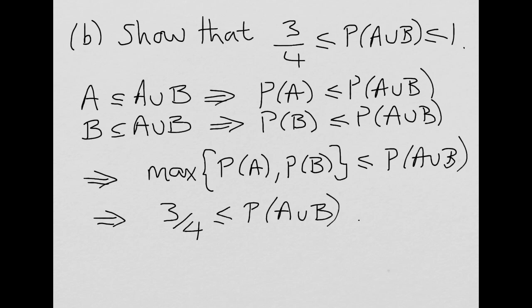Finally, if we turn our attention to this upper bound on the probability of A union B, this is trivially true because the probability of any event can't be greater than 1, and of course A union B is just an event.